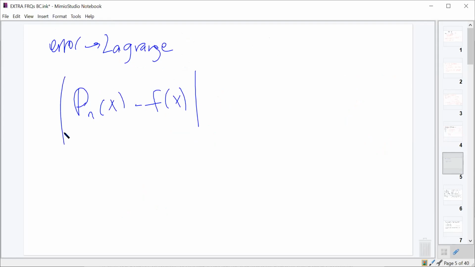then the error, which is the nth degree Taylor polynomial at x minus the true value of the function at x, should always be less than f's n plus first derivative evaluated at some c value, where c is between x and a, times x minus a to the n plus 1 over n plus 1 factorial.